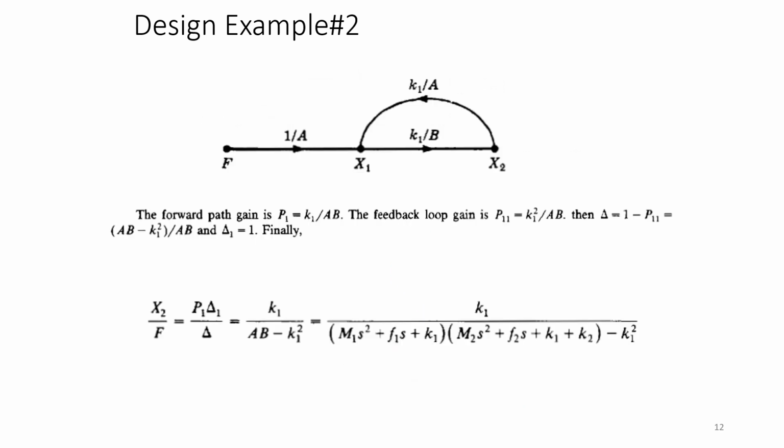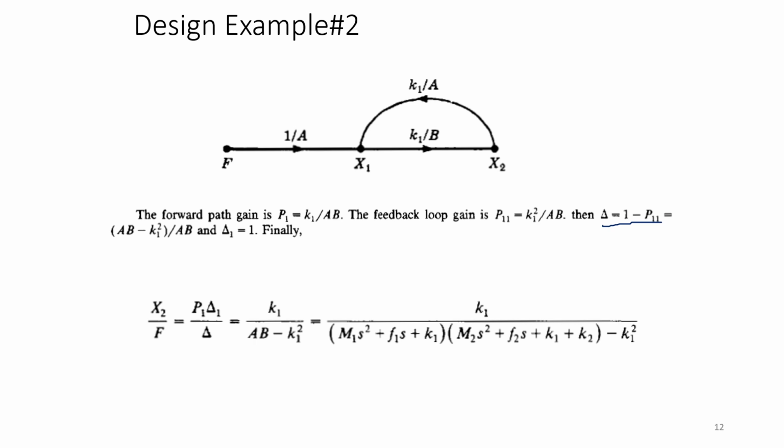now once this is done, you can find the transfer function. So we have one forward path and one loop, that's all. So your forward path is k1 by ab, feedback is k1 square by ab, and your delta is 1 minus the loop 1, and your delta 1 is 1.